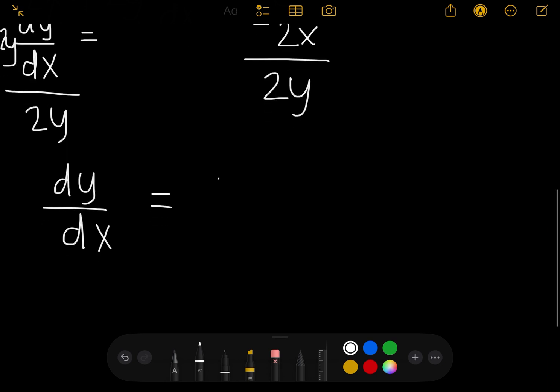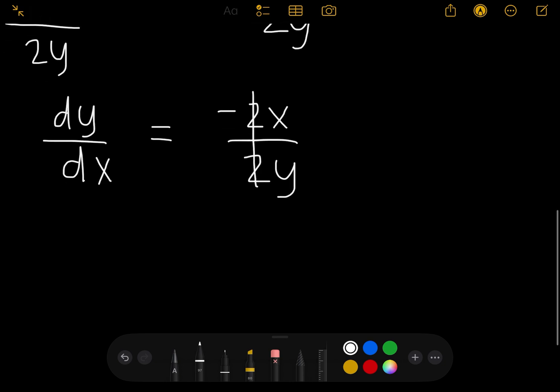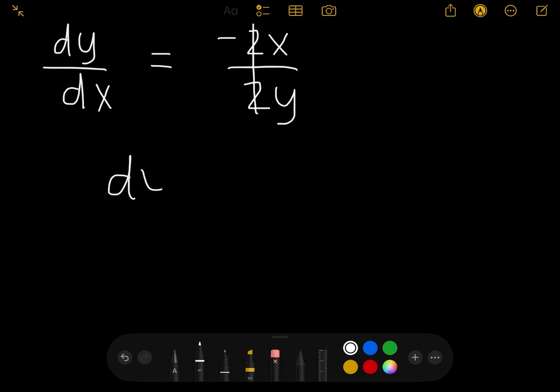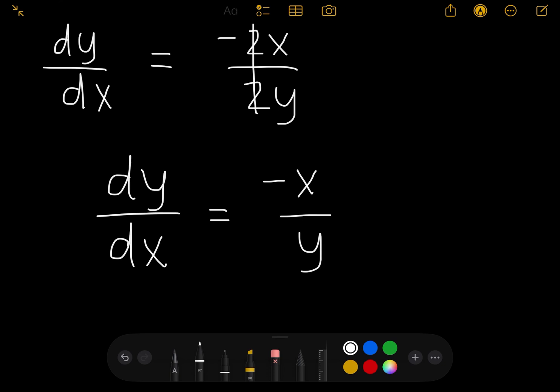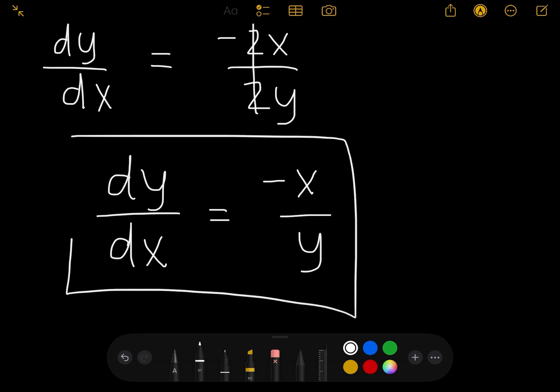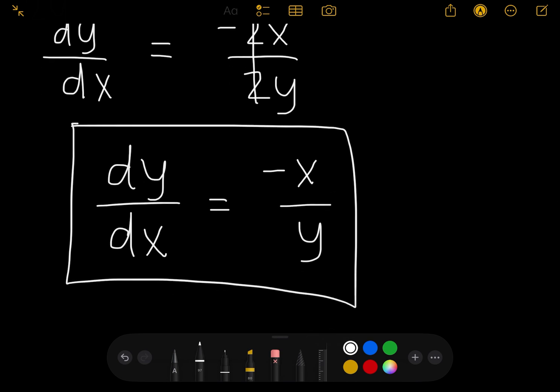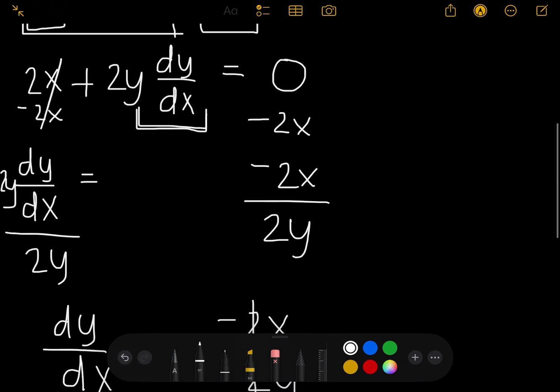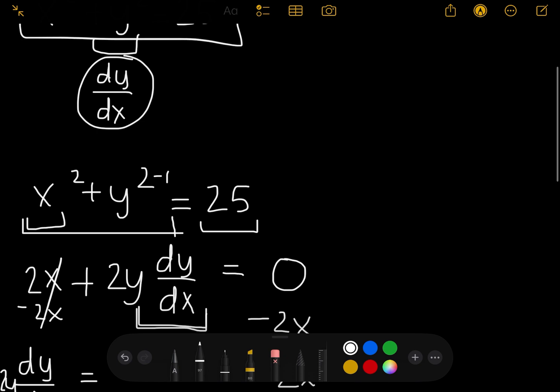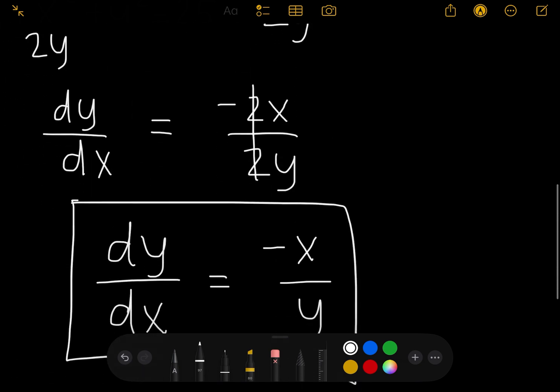And then we are left with negative 2x over 2y, and the 2's will cancel out. And finally, you are left with negative x over y. And that will be the derivative. And that's how you use implicit differentiation when your y is not isolated and it's in your function.